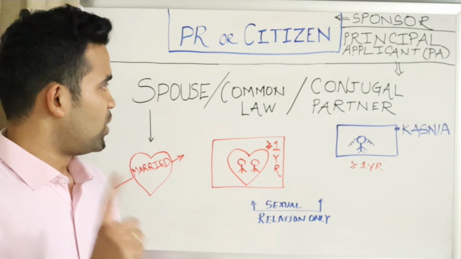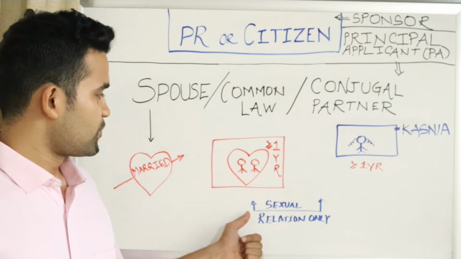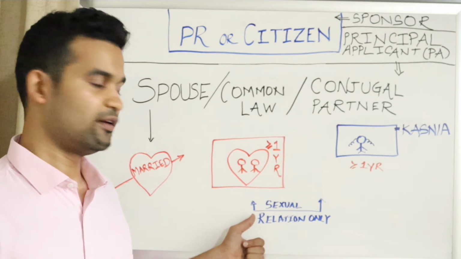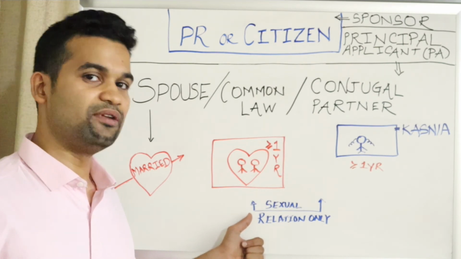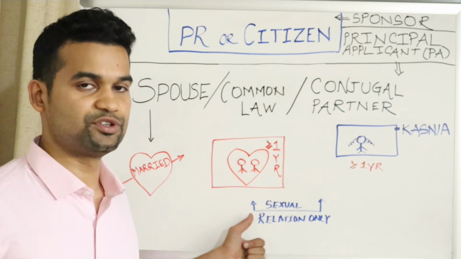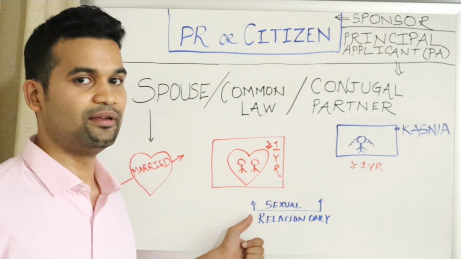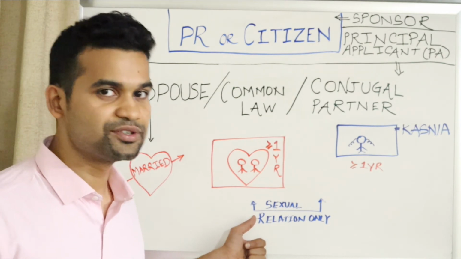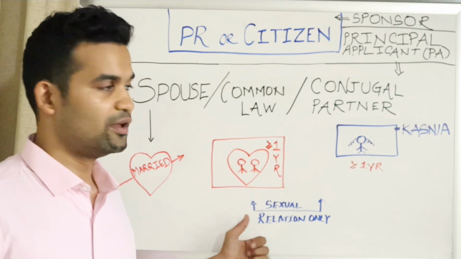Now, one more thing. If someone thinks that just by proving to immigration that a sexual relationship exists between two individuals, that would be accepted as some sort of committed or deep-rooted relationship, then you're wrong.